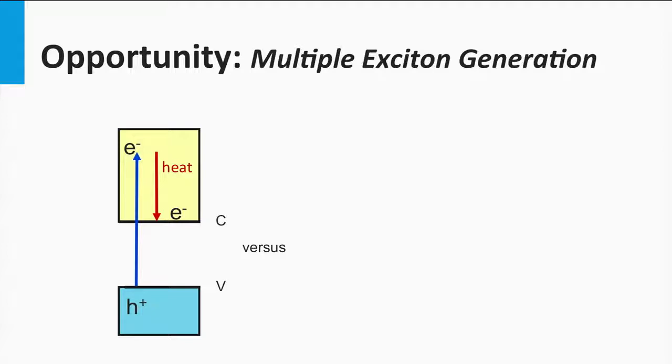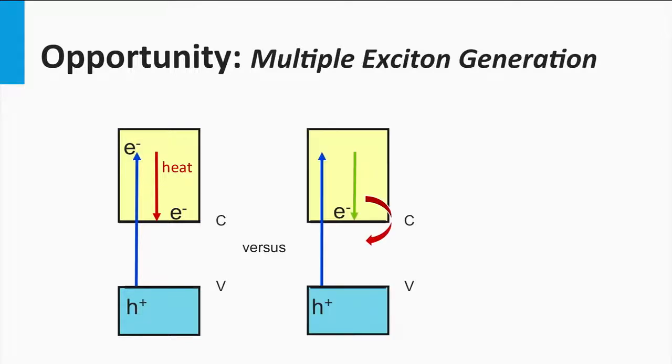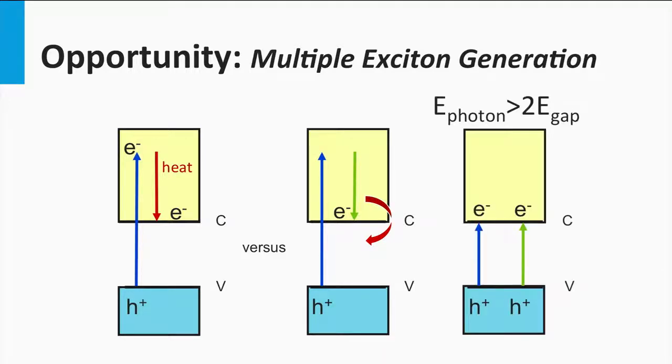In a normal semiconductor material, a high energetic photon has some rest energy which is not used to excite the electron. This excess energy is usually lost as heat. In the MEG approach, this rest energy is transferred as a quantized energy package within the material, where it can excite a second electron into the conduction band.